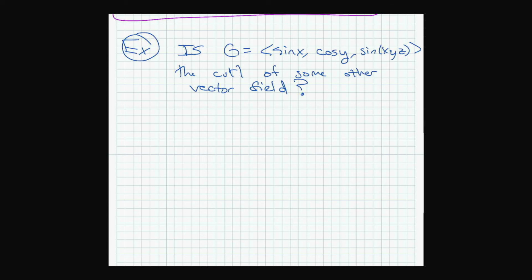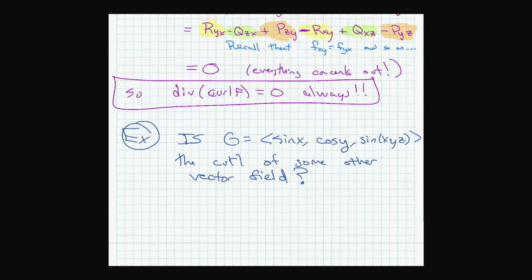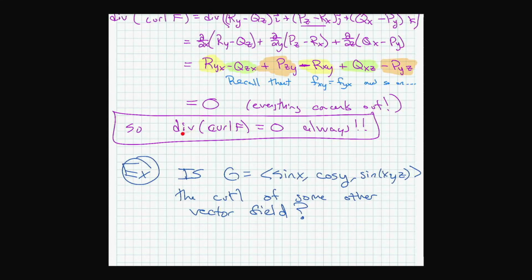So you have to know what the point is. And the point is that if it is, then when you do the divergence of it, it should be 0. If this is the curl of something, then the divergence of the curl should be 0. So if you take the divergence of it, it should be 0 if it's the curl.